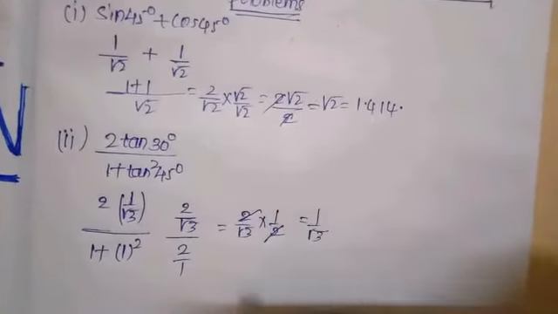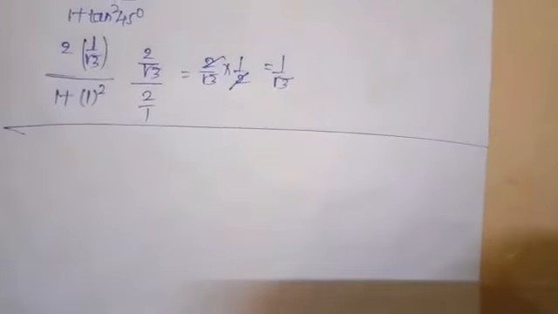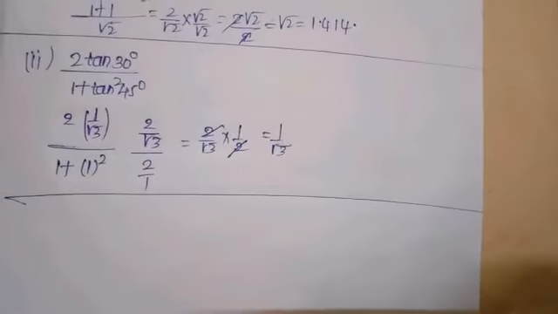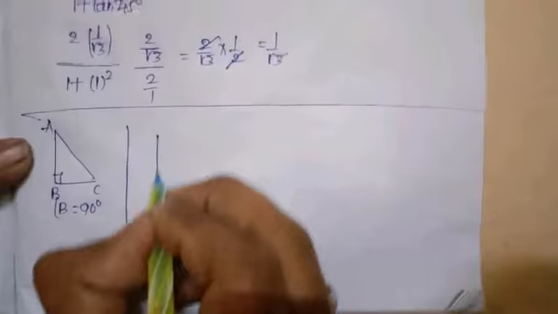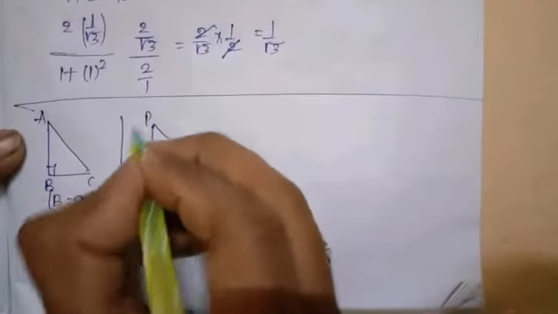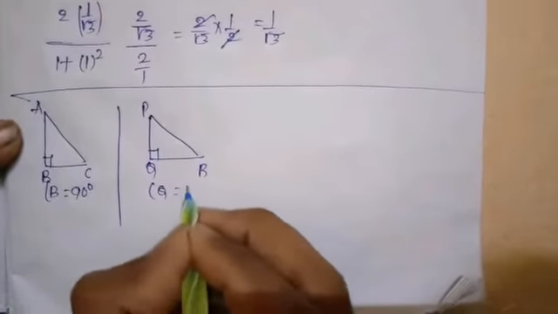Next, yesterday I forgot to tell one problem. See, there is a triangle ABC, with B equal to 90 degrees. There is also a triangle PQR, where Q equal to 90 degrees.